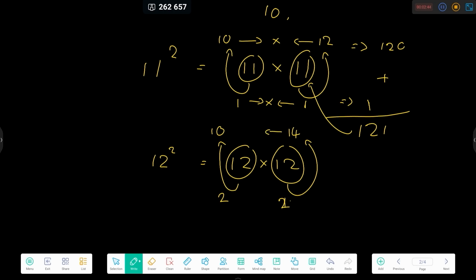Now we multiply these numbers to get 140, and multiply these two to get a 4. Now we add these two numbers to achieve our product 144. 144 is now the square of 12.